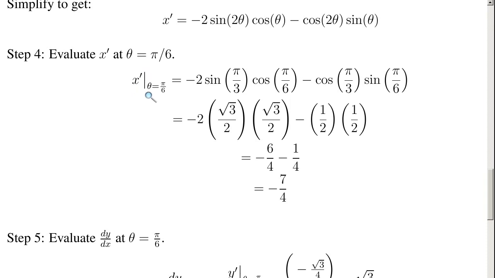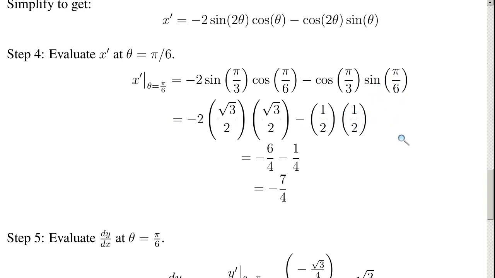So x prime at theta equals pi over 6 is equal to negative 2 times sine pi over 3, which is 2 times pi over 6, times cos pi over 6, minus cos pi over 3 times sine pi over 6. Evaluate each of these entities. Sine pi over 3 is root 3 over 2. Cos pi over 6 is root 3 over 2. Cos pi over 3 is 1/2. Sine pi over 6 is 1/2.